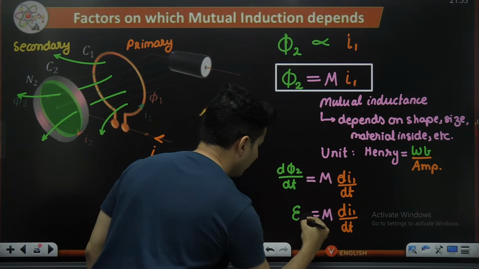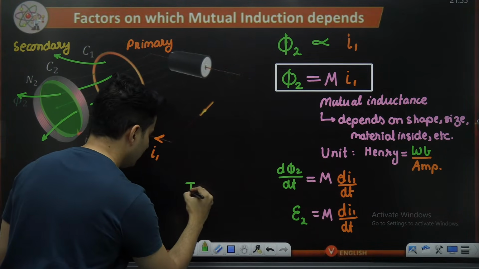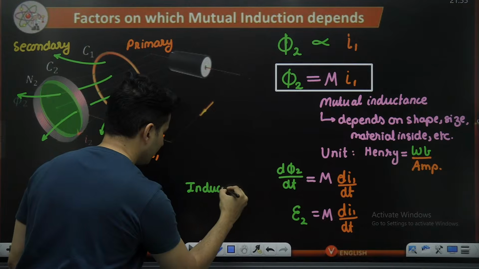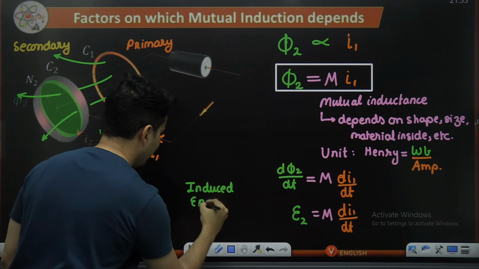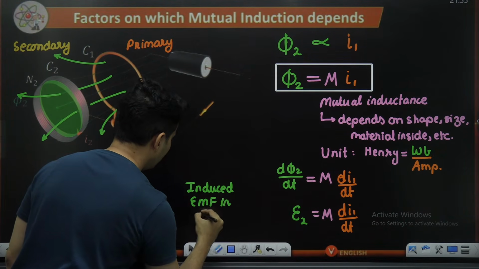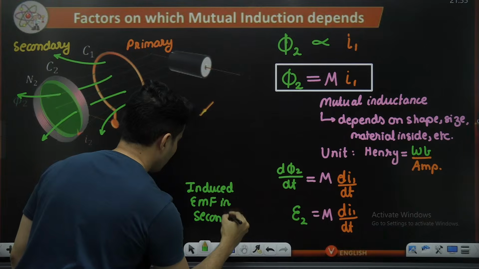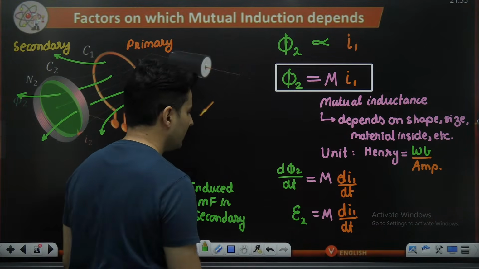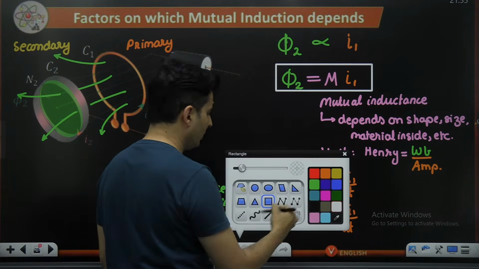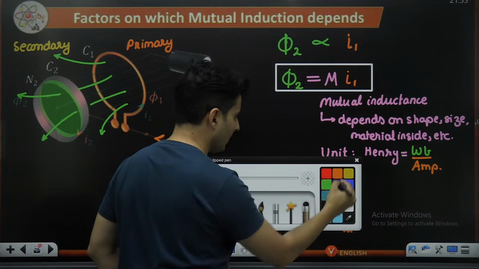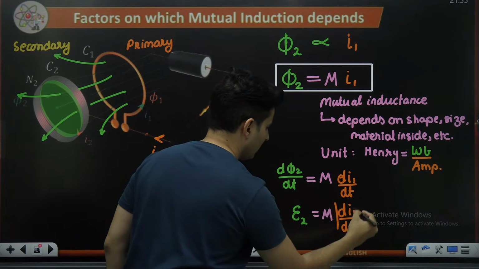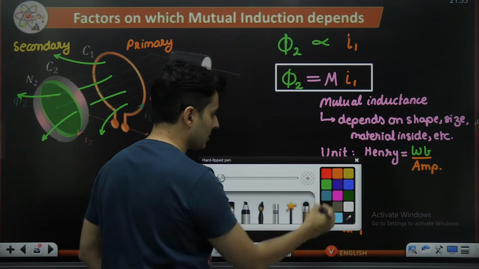This is the EMF which is induced. So this is the induced EMF in the secondary coil. Just like before, I'm just talking about the magnitudes over here, so let's not worry about the directions.